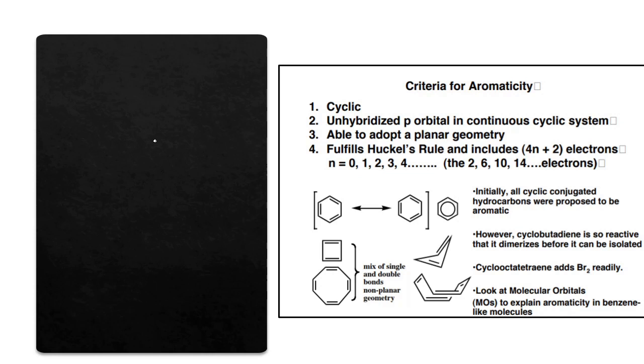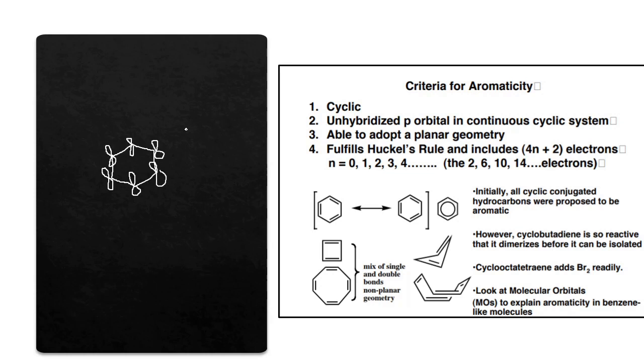We also understood the basic criteria for aromaticity, which starts with that a molecule should be cyclic and it should have an unhybridized p orbital. These unhybridized p orbitals are the result of the sp2 hybridized carbon involved in bonding, and carbon has one p orbital which is unhybridized and it contains one electron.